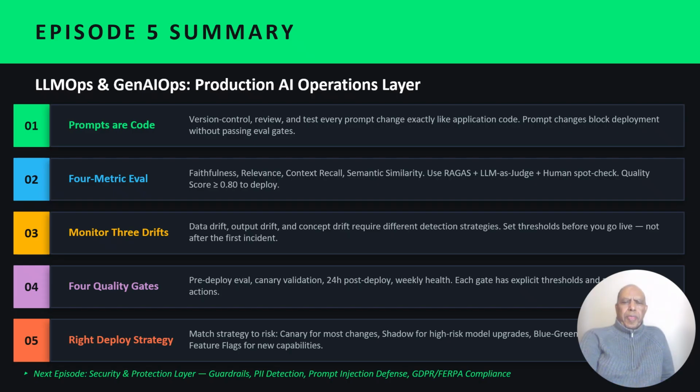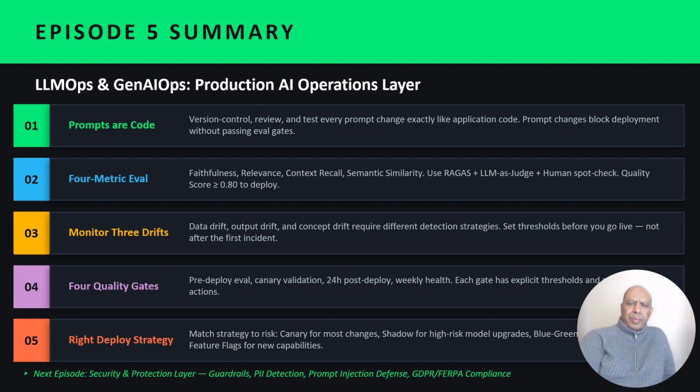Number 3: monitor 3 types of drift. Set your thresholds before go-live, not after your first production incident. Number 4: 4 quality gates, each with an explicit threshold and automated action. Gates without automation are just suggestions.